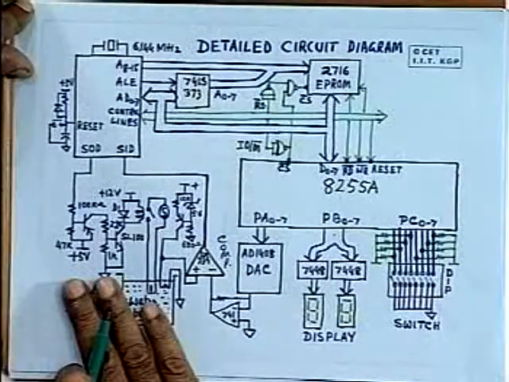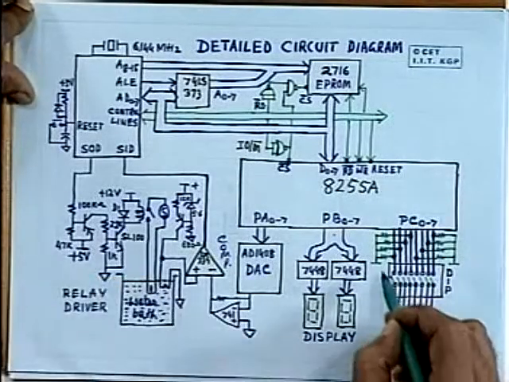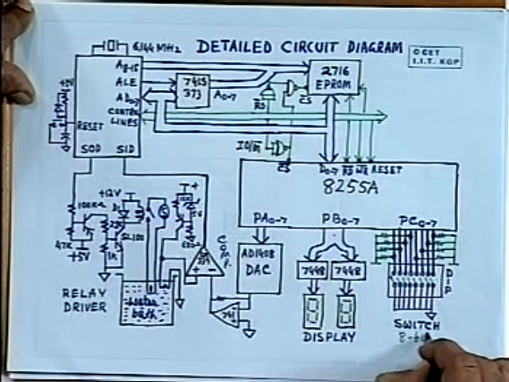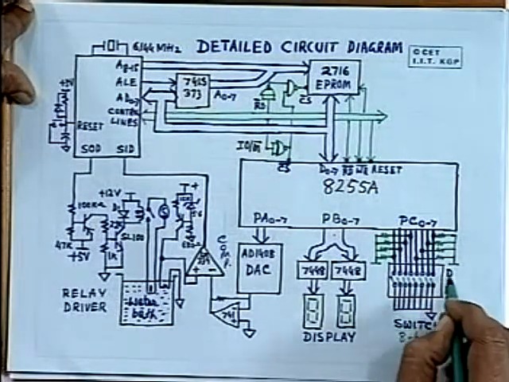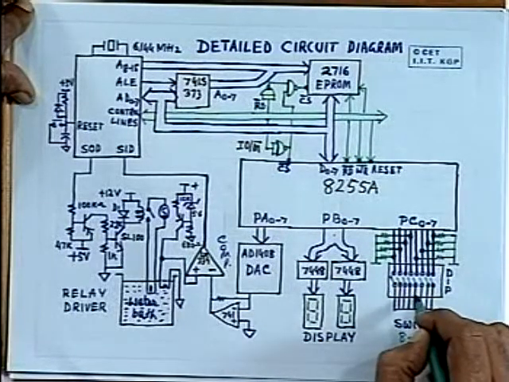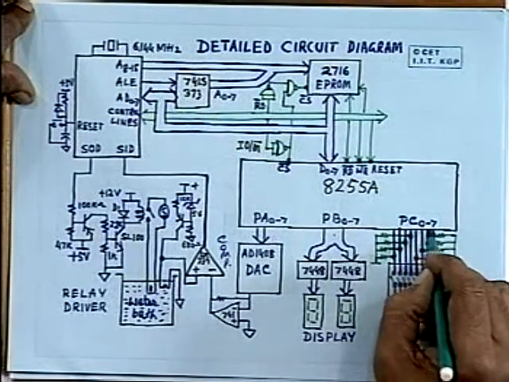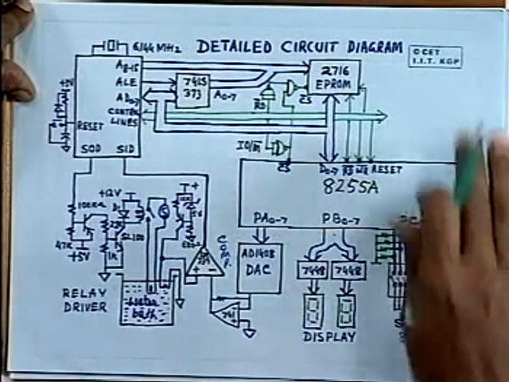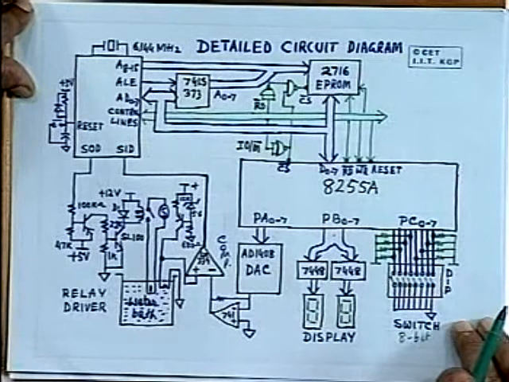This is the detailed circuit diagram shown here. So here are the 8-bit micro switches, DIP switches, dual inline package switches which are available, interfaced to port C of one 8255A programmable peripheral interface device.